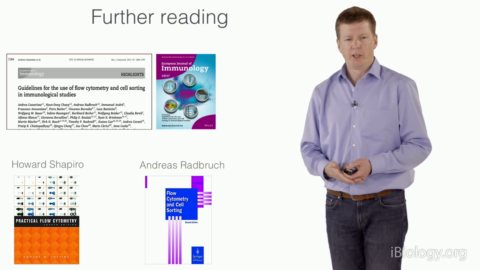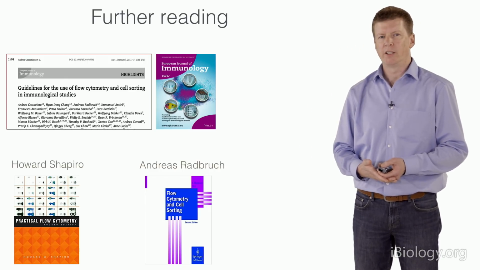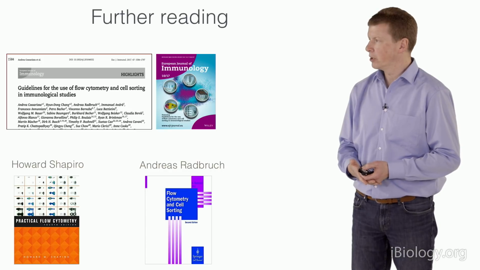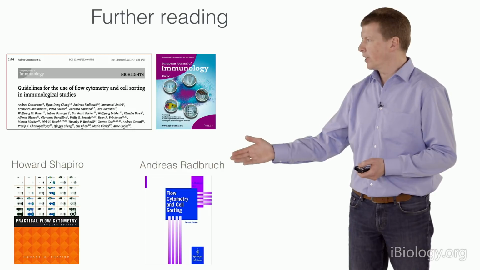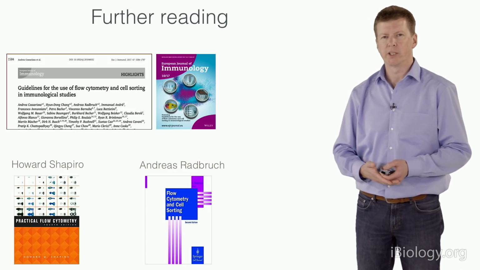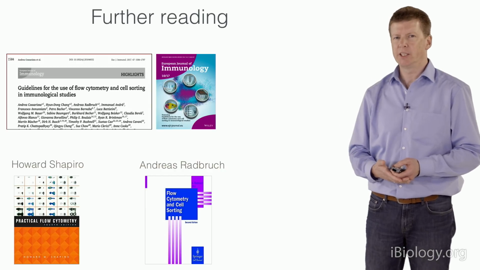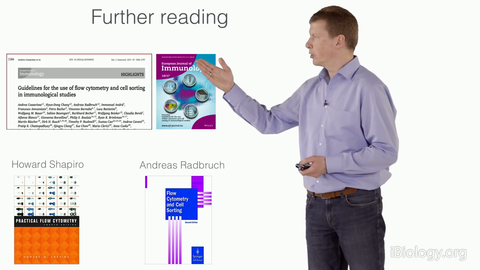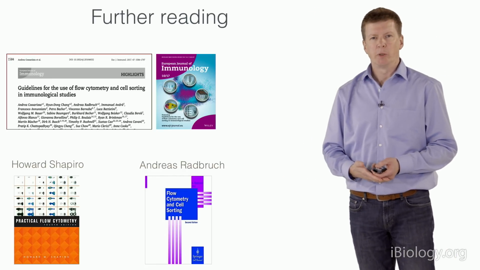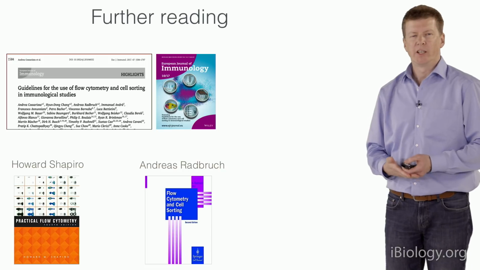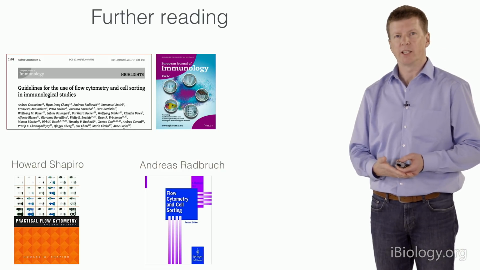Howard is a famous teacher in flow cytometry, and his book deals a lot with flow cytometry in general, whereas the book of Andreas Radbruch focuses a little bit more on cell sorting. And quite recently, there was a publication in the European Journal of Immunology where some colleagues and I put some material together to give you a good starting point for flow cytometry and cell sorting in general.